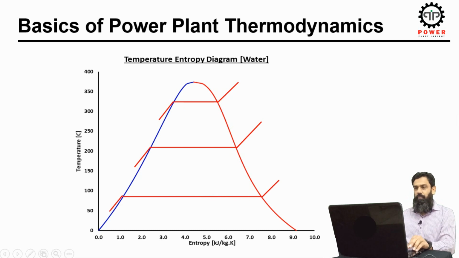I have plotted three lines here just to clarify the concept that the curves at the top of the dome show the high pressure lines and the bottom of the curve shows the low pressure lines. So we can say that as we move from the bottom of the dome towards the top, the pressure increases.